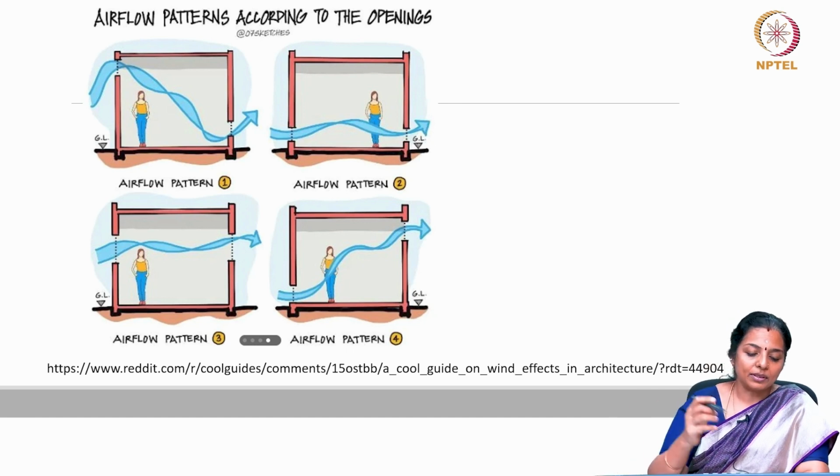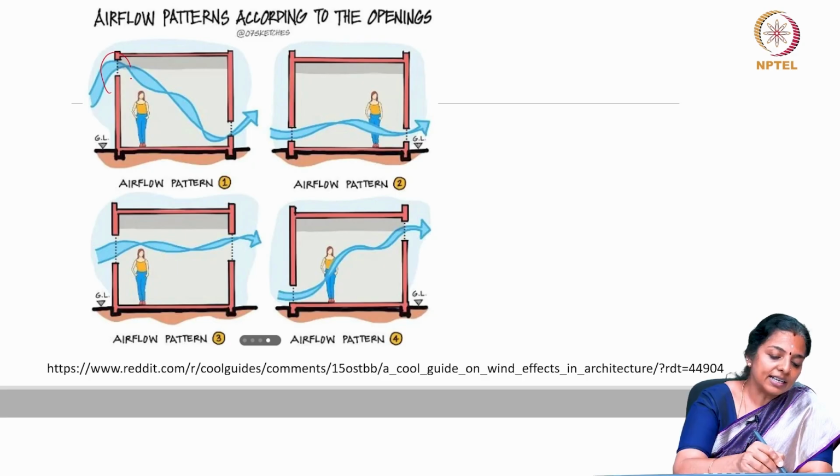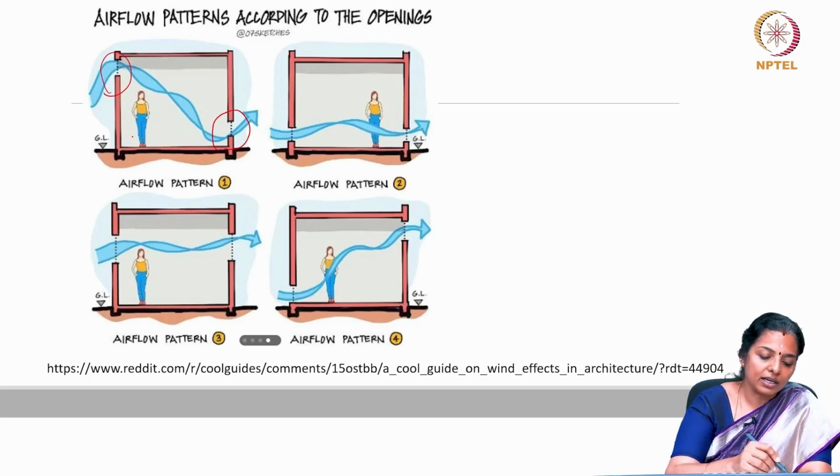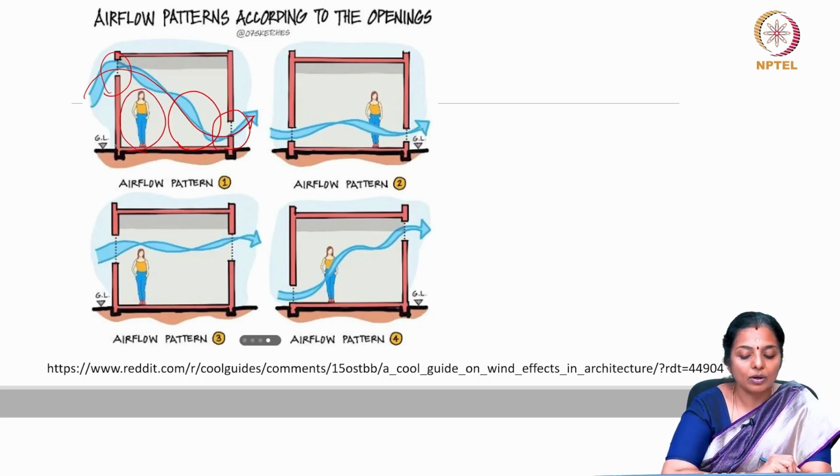For example, in this picture, the inlet is at a higher level and outlet is at a lower level, causing the breeze to blow, which will have a good ventilation for someone working here, and it would be a dead ventilative area for anyone working here.